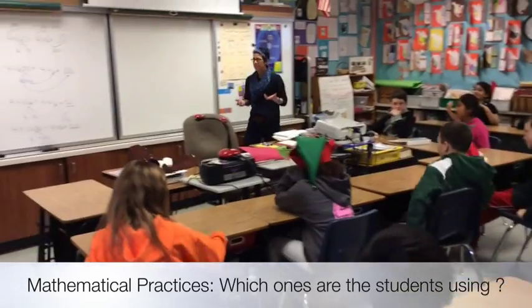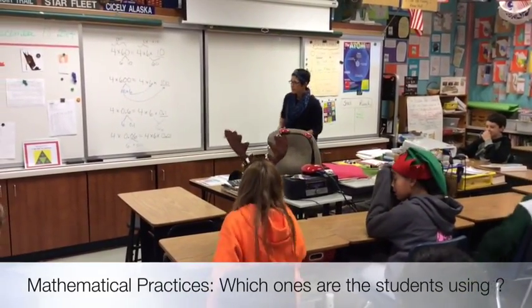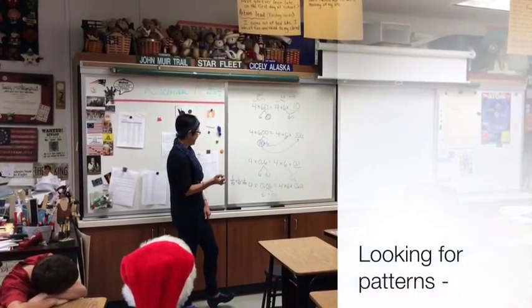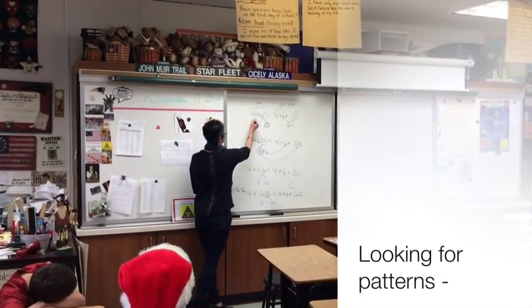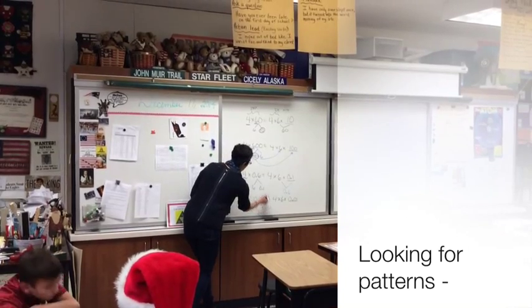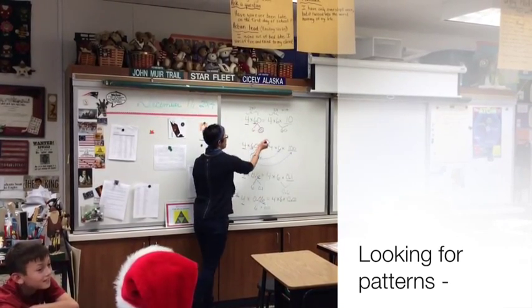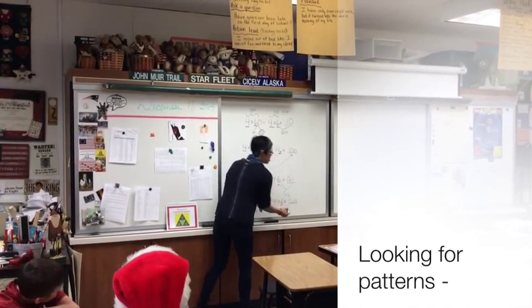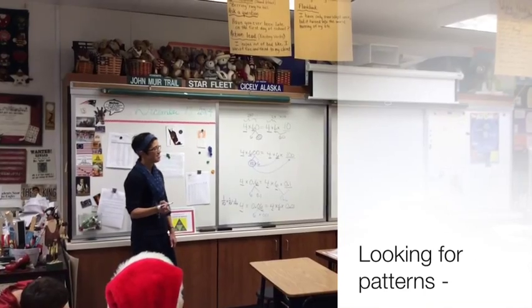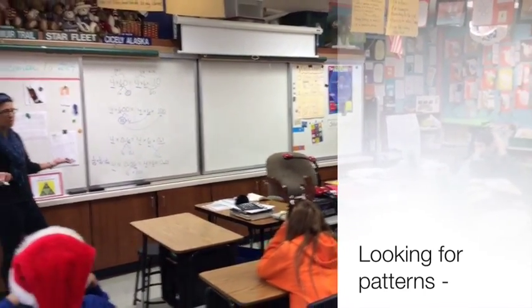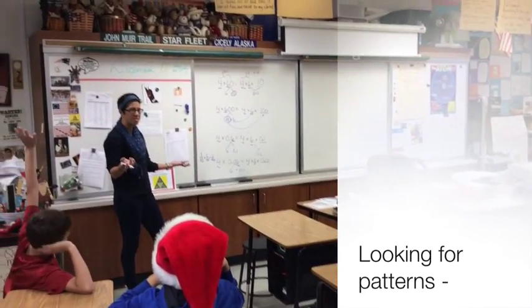Can someone tell me a pattern they saw or something they noticed? Thank you. Lily. There's a 4 in every problem, and a 6 in every problem, and a 0 in every problem, and a 1 in every problem. Wow. So there's a 4, a 6, a 0. What's changing? 4, 6, zeros, and 1s. Same digits, but what's changing?